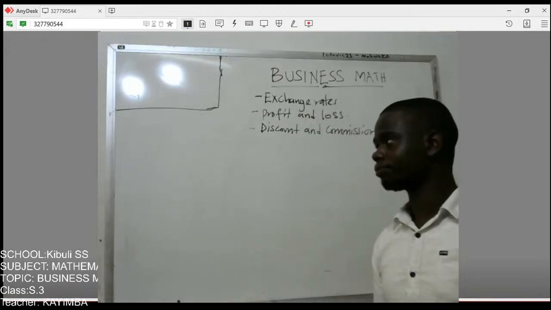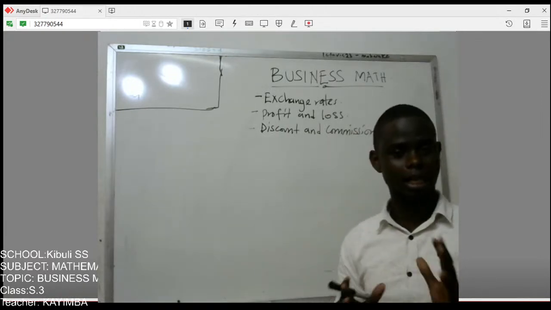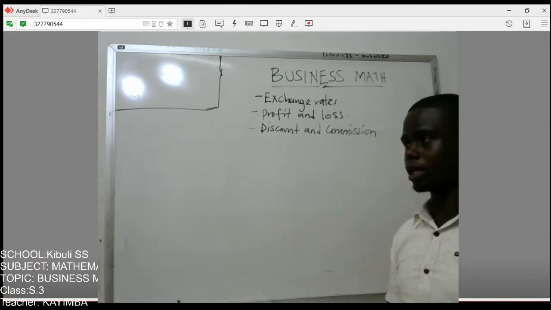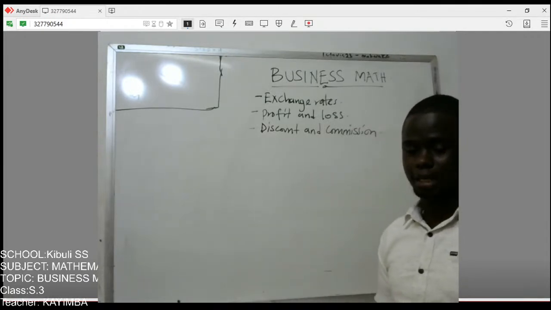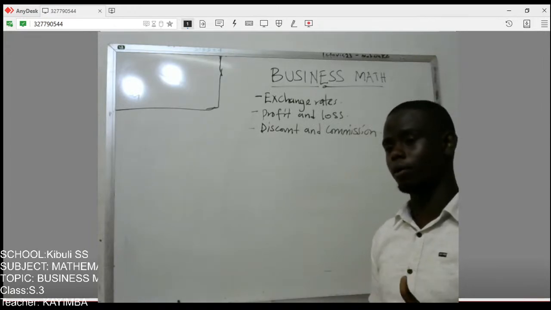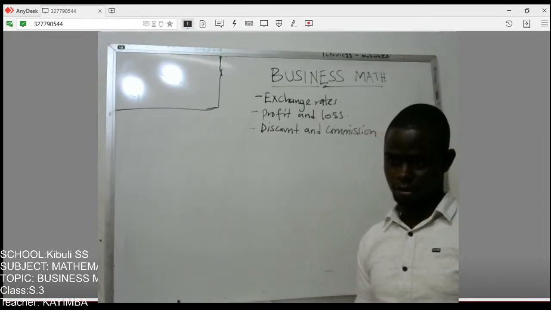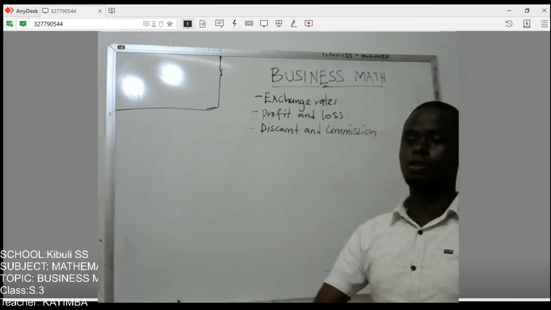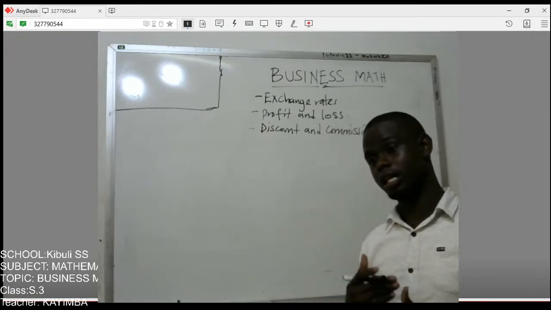So it is very important to note that each country has got its own currency. When you look at the East African region, Kenya has got the Kenyan shillings. The Ugandan currency cannot work in Kenya. You don't have purchasing power when you reach Kenya with the Ugandan currency. It will be useless. So you have to change your money at the border maybe, and they give you Kenyan shillings.